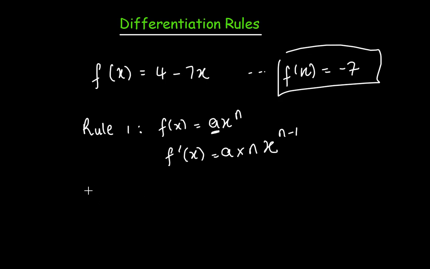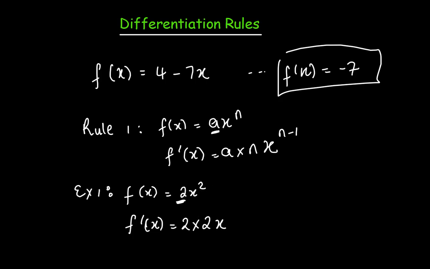I can give you an example. Let's say you have example number 1, your f at x is equal to 2x squared. Now you can find the derivative using first principles. However, using the rule, the derivative is equal to your 2 multiplied by your exponent, which is 2, and then you say the exponent minus 1.